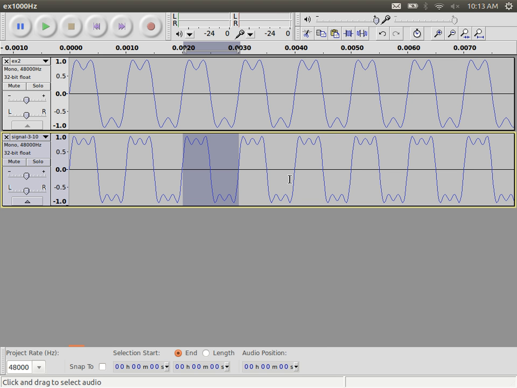So comparing these two, if we want to get more accuracy, we use signal C. Less errors, signal C compared to A. We get the same data rate, but the problem with signal C is we use a higher bandwidth.